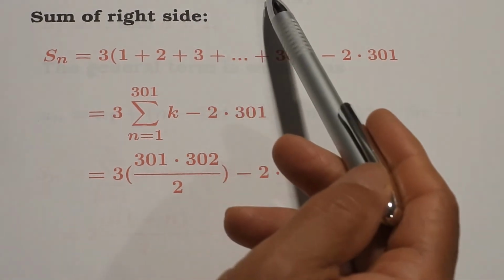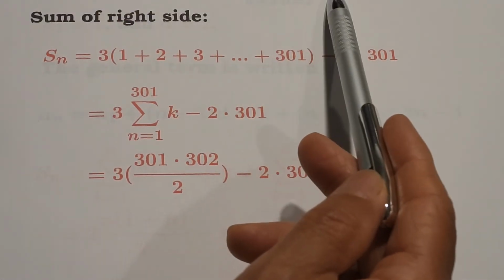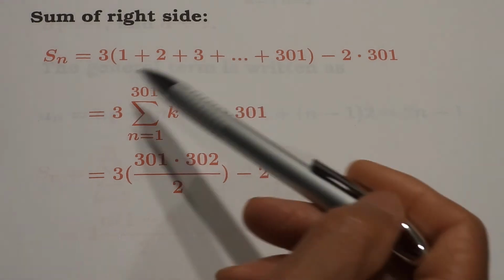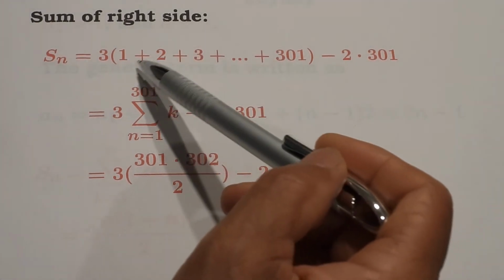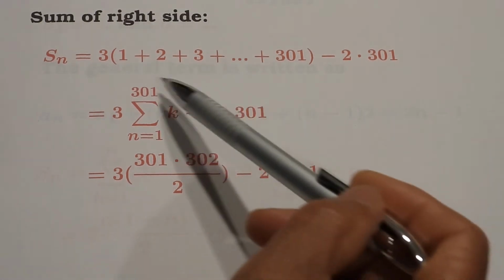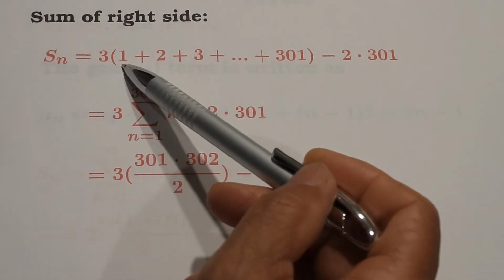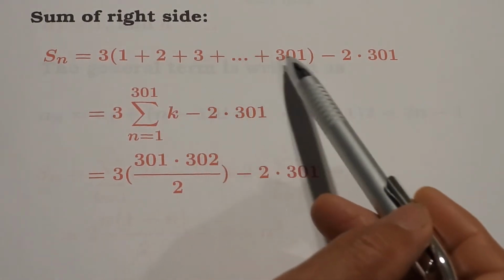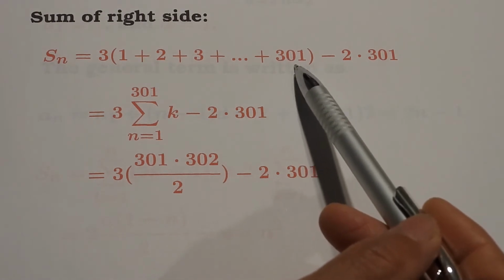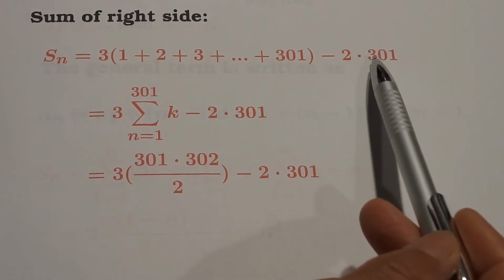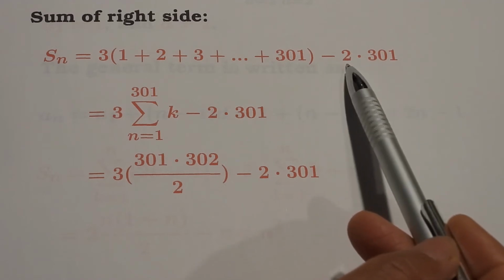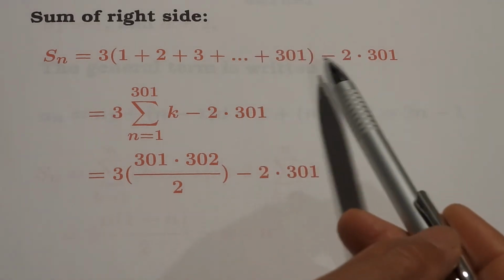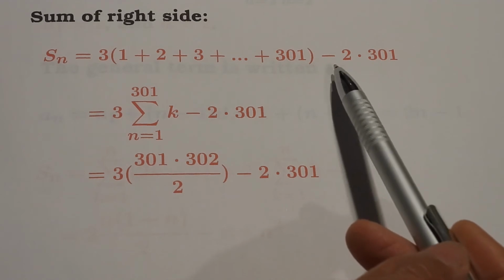Okay, so on the left side, just before we saw 1 plus 4 plus 7 all the way up to 901, and on the other side we have 3 times. Actually we combine the left side equation: then 3 times 1 plus 2 plus 3 all the way up to 301, minus 2 times 301. How many minus 2s do we have? Every single time we had minus 2, minus 2, right?